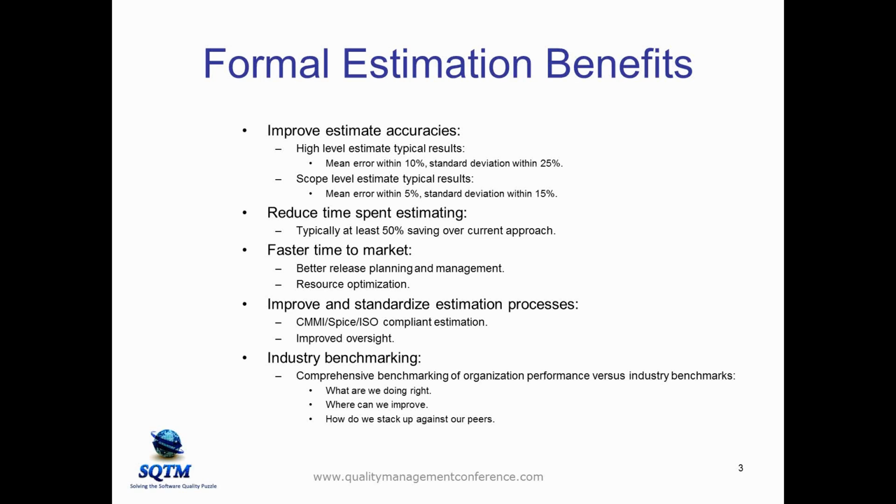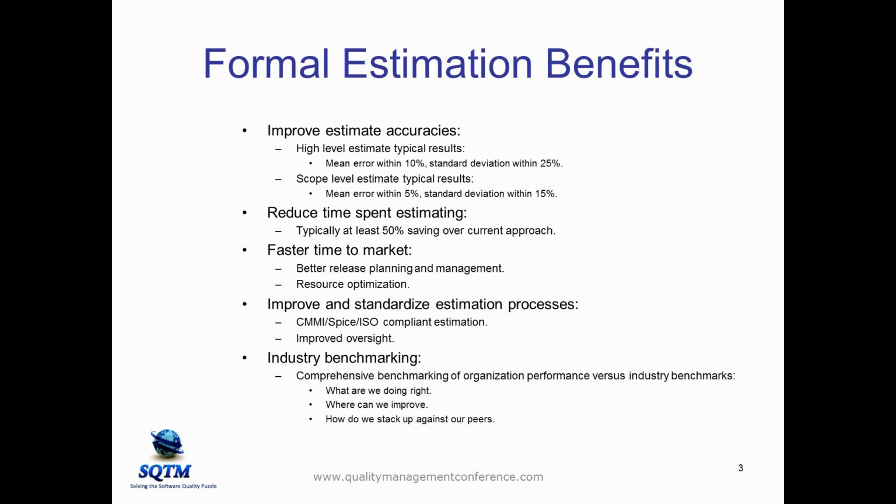Or perhaps we're talking about a portfolio of projects within an organization or within a division. With the mean error, we should be able to get it down to a very accurate number, because some of the estimates will be too high, some will be too low, but they should balance out.